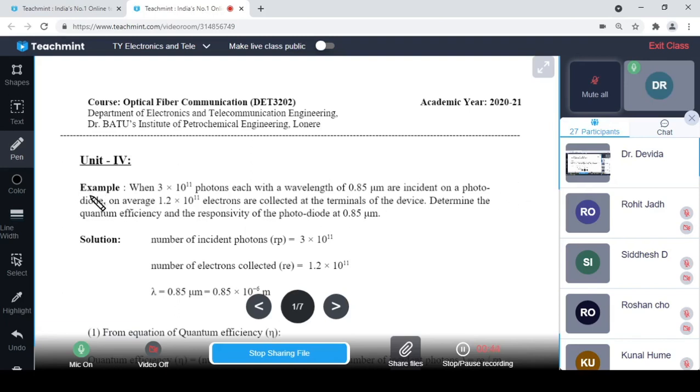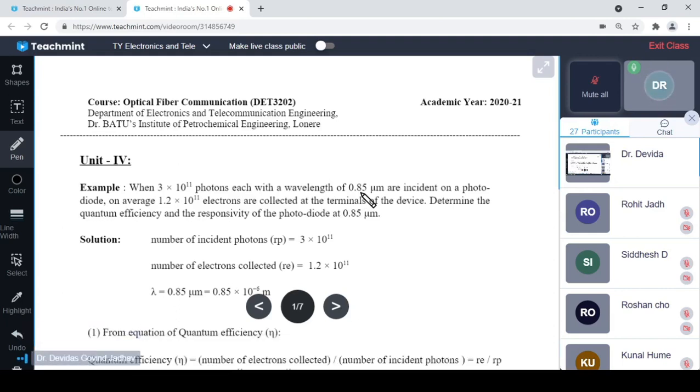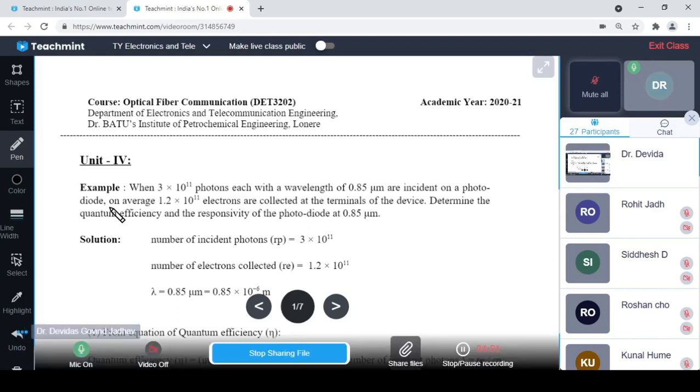So first example: when 3 into 10 raised to 11 photons, each with a wavelength of 0.85 micrometer, are incident on a photodiode, on average 1.2 into 10 raised to 11 electrons are collected at terminals of the device.